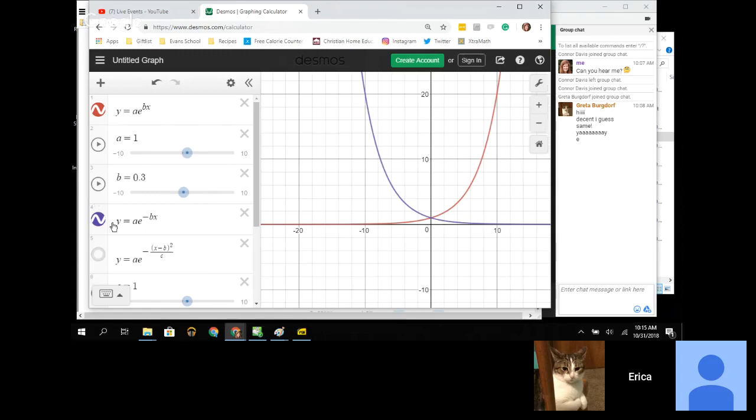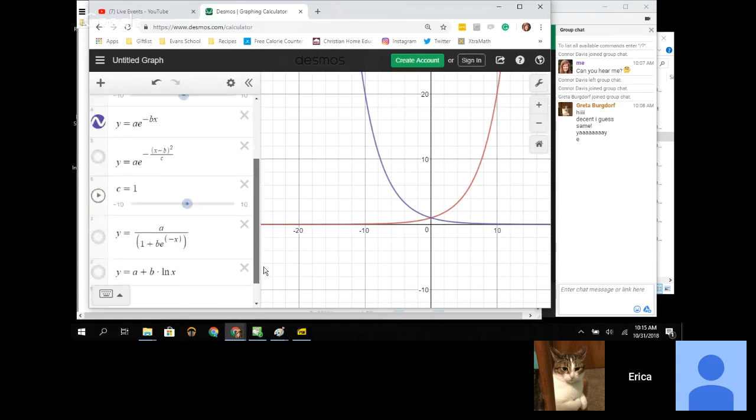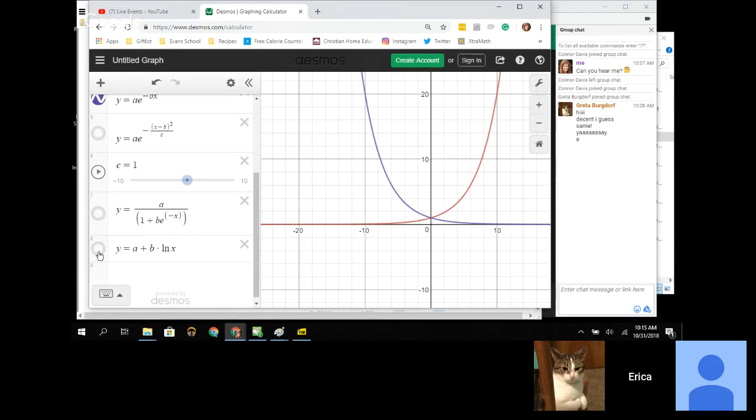Okay, and then if I throw on there my natural log function, right, you can see that it's like the inverse of your exponential growth. Okay, so those are those three.